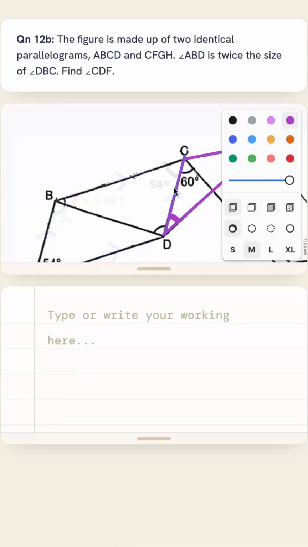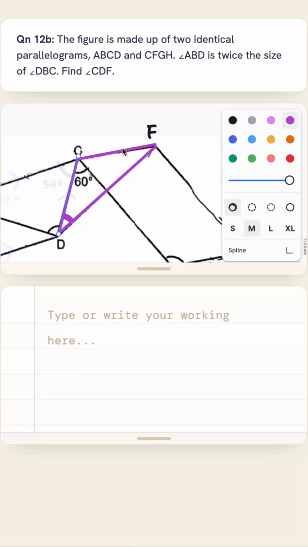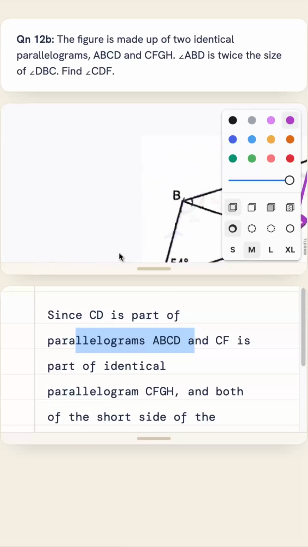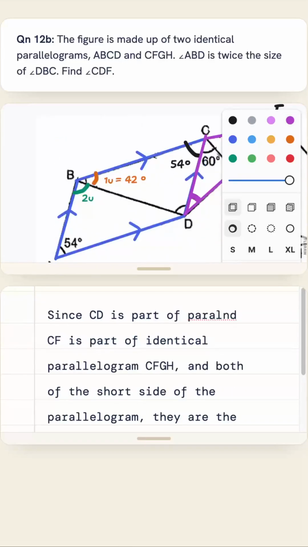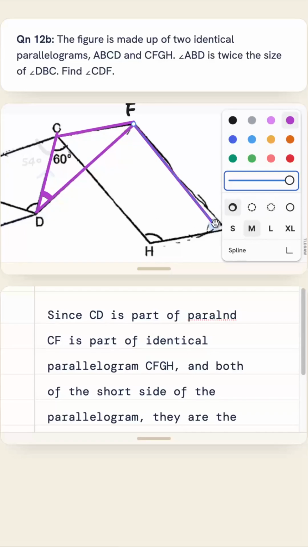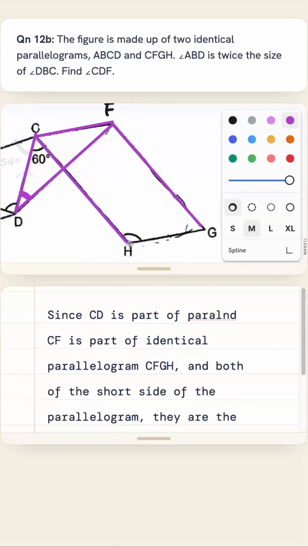So if you were to look at CD over here and CF, CD is part of the parallelogram ABCD, which is over here, which is this part. And CF over here is part of this parallelogram as well, which is identical. So CFGH is this one over here.